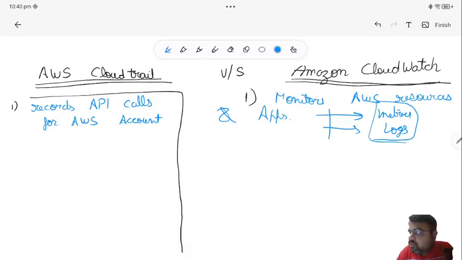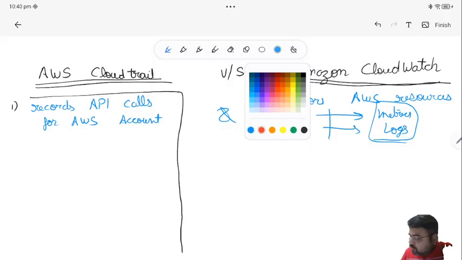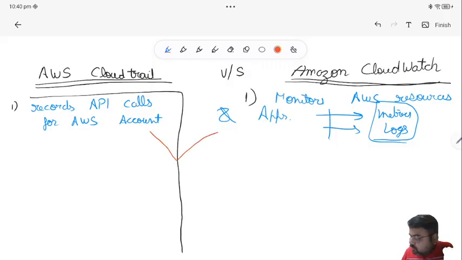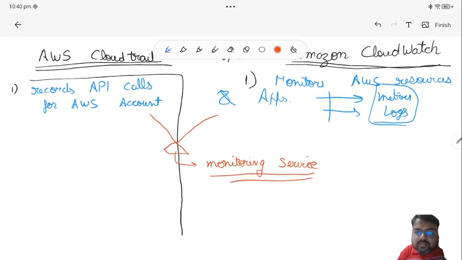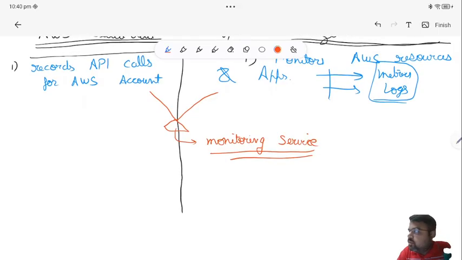So the very first thing, both are monitoring services. As we know, CloudWatch and CloudTrail both are monitoring services.